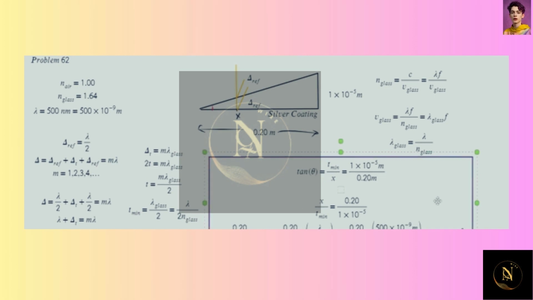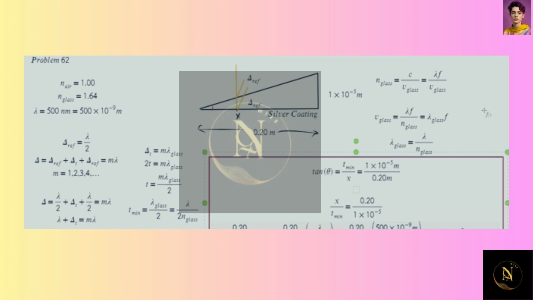So 3 times 10 to the negative 3 meters is just equal to 3 millimeters. And that's our final answer. So if we go 3 millimeters away from our starting point here, we're going to have a thickness such that the reflected light is going to constructively interfere. So that concludes this problem.